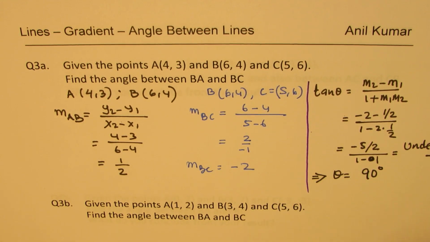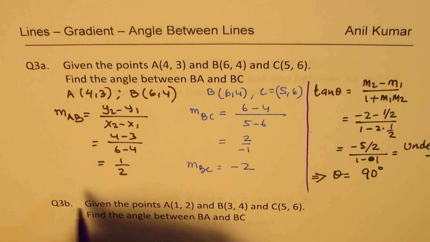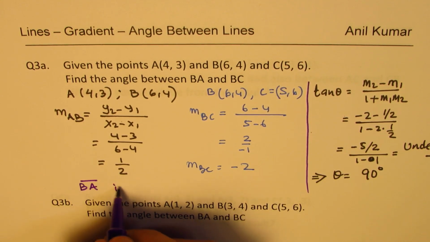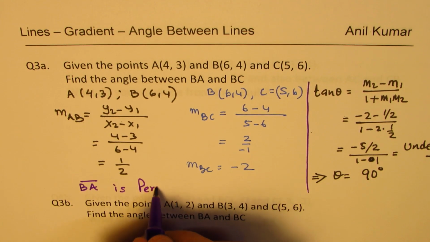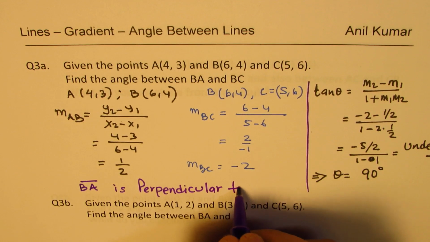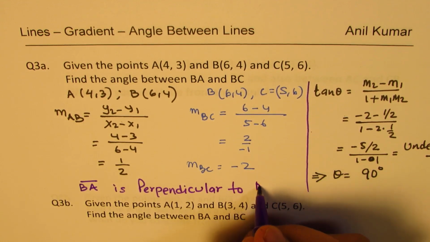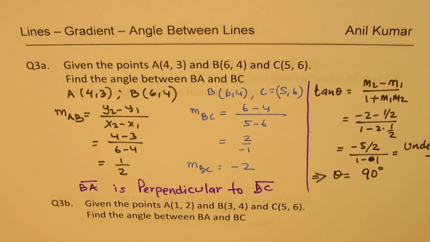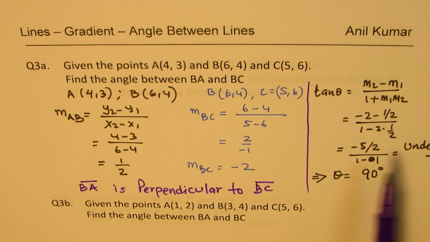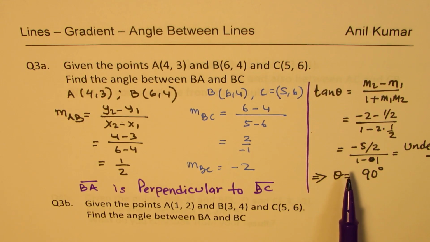Since the angle is 90 degrees between them, we can say that BA is perpendicular to line BC. So if you get a tangent which is undefined, that means the angle between the two lines is 90 degrees. They are perpendicular.